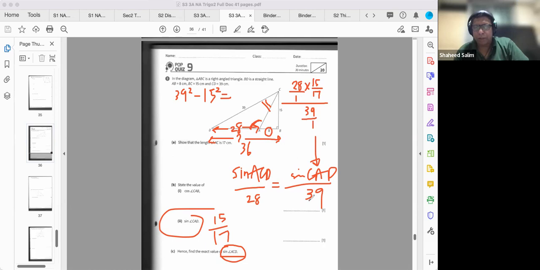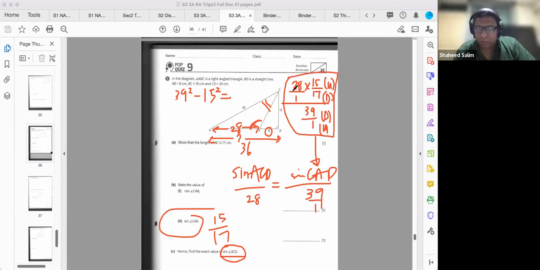You know every number can be divided by 1, right? So your teacher told you up, down, down, up. If you ever have a fraction on top, down, down, up. You see this 28, I bring it up, it is 28 over 1. Then because you have to times 15 over 17, now you have a complex situation here. But we can simplify this using up, down, down, up.